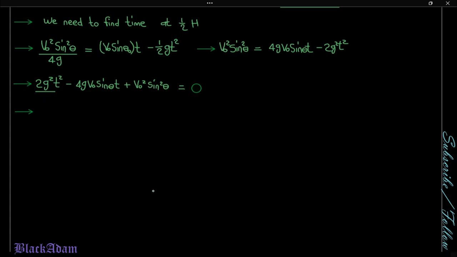Now we know that a is 2g squared, b is negative 4g v initial sine theta, and then our c is v initial squared sine squared theta.